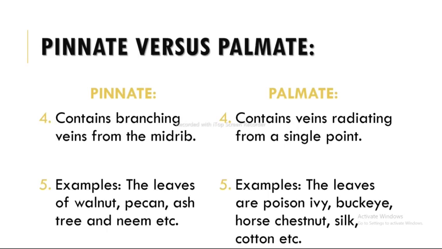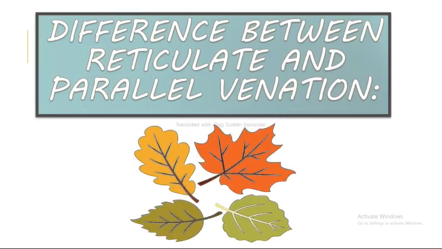In pinnate, the examples are the leaves of the walnut, pecan, ash tree, and neem, etc. The examples of the palmate include poison ivy, buckeye, horse chestnut, silk cotton, etc.